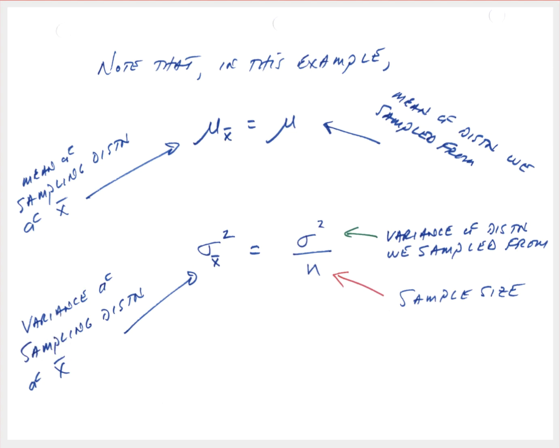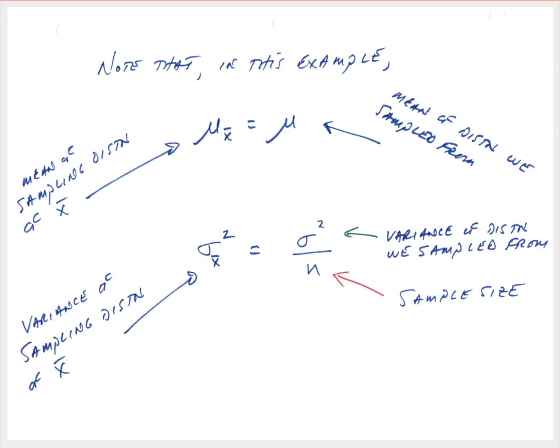And also, the variance of the sampling distribution of X bar, which is 1/3, is equal to the variance of the population we're sampling from divided by the sample size. What is the variance of the underlying population? It's 2/3. What is the sample size? It's 2. So 2/3 over 2 is 1/3, and that is the variance of the sampling distribution of X bar.